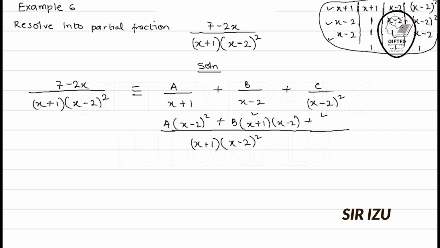And then we have plus x minus 2 all squared goes through the denominator, will give us x plus 1 multiplied by C. That is C multiplied by x plus 1. So this is what we have. And on the left hand side, we still have our question written.